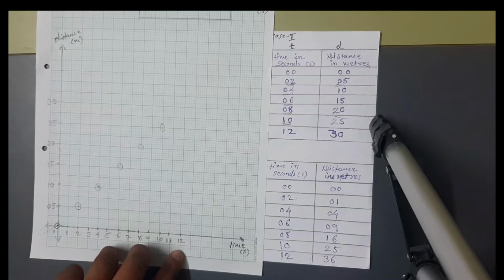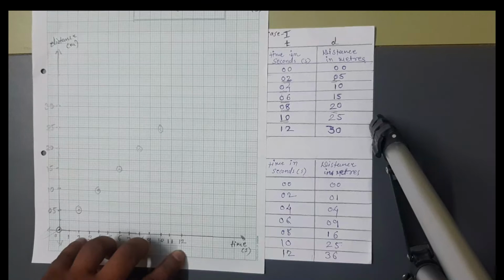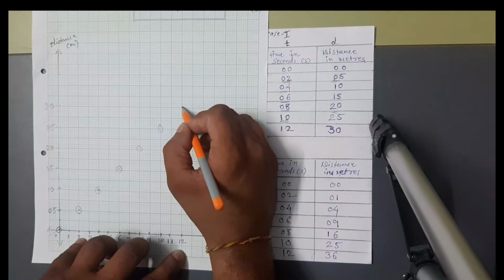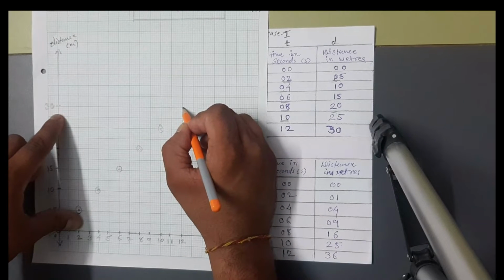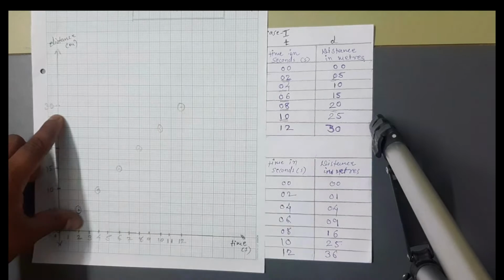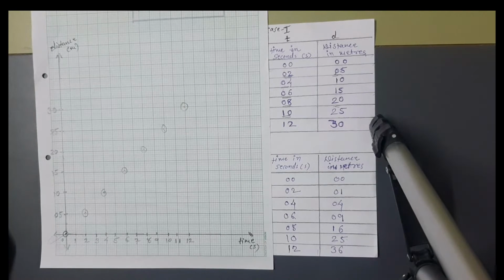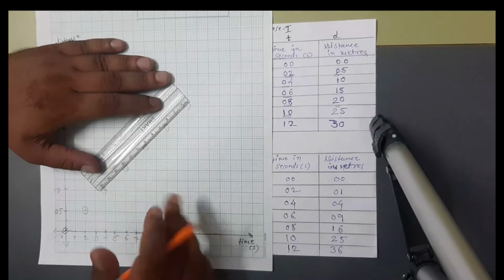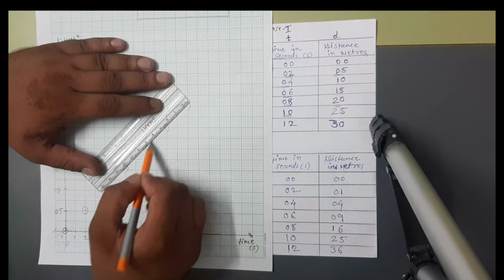And when the time is 12 seconds, our distance is 30. So for 12 on the y-axis it will be at 30. Right? So this way we have plotted the graph. Now just join the points and see what we get.